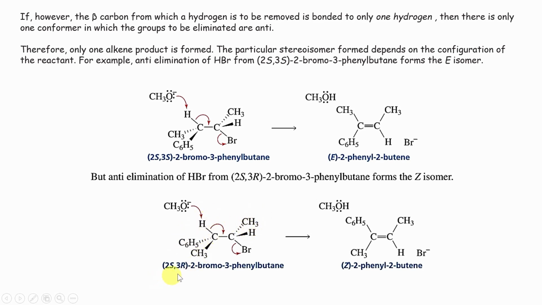It is 2S,3R-2-bromo-3-phenylbutane, where this hydrogen and bromine are anti to each other, and from this isomer we will get Z-2-phenyl-2-butene. But here we get E-2-phenyl-2-butene if we use 2S,3S-2-bromo-3-phenylbutane.